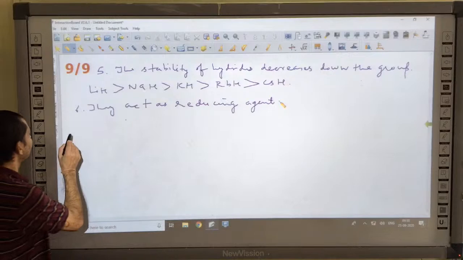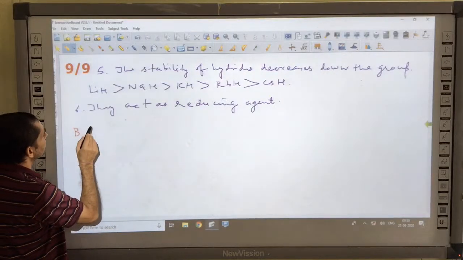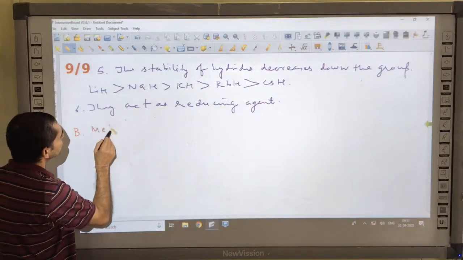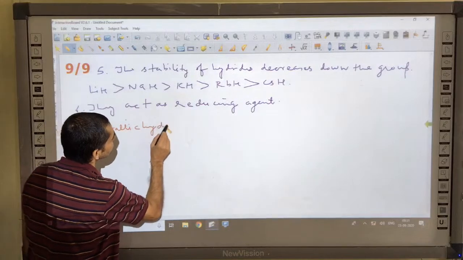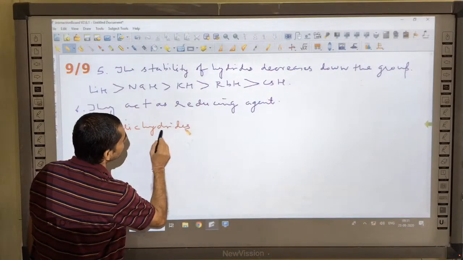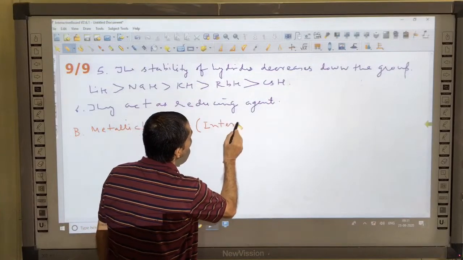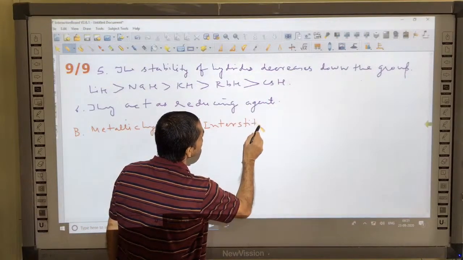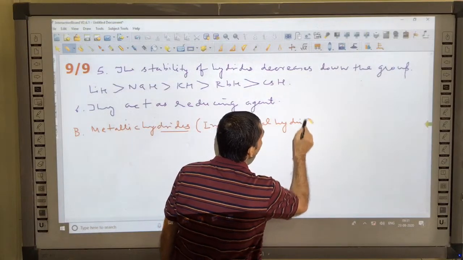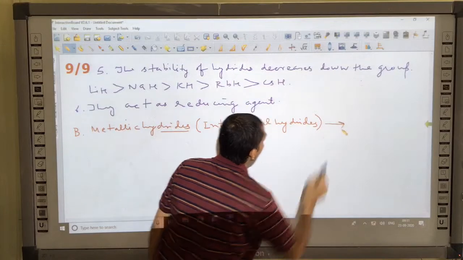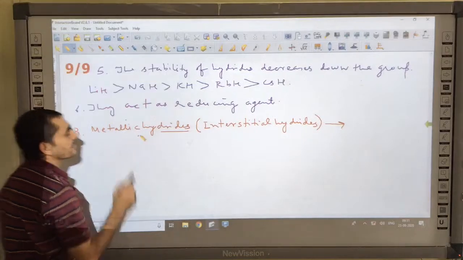Clear? Number B is metallic hydrides. They are called interstitial hydrides. Now what are these hydrides? What are interstitial or metallic hydrides?